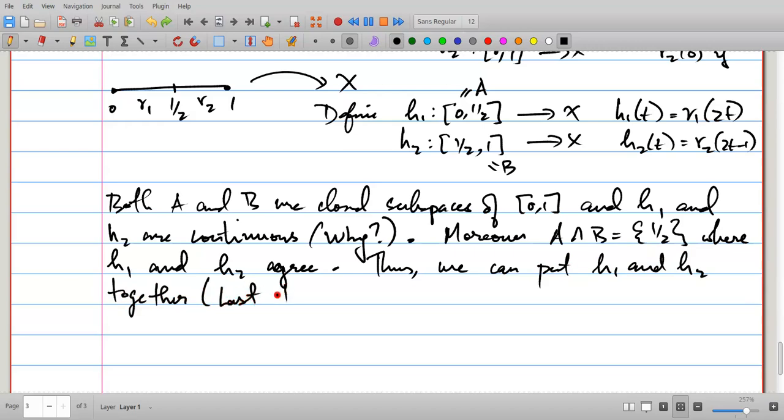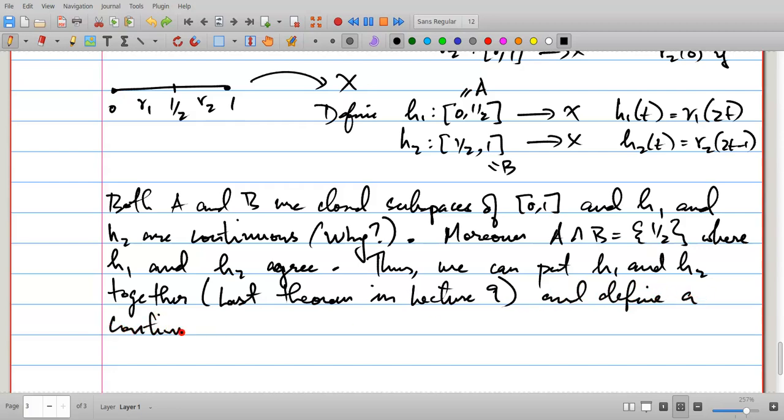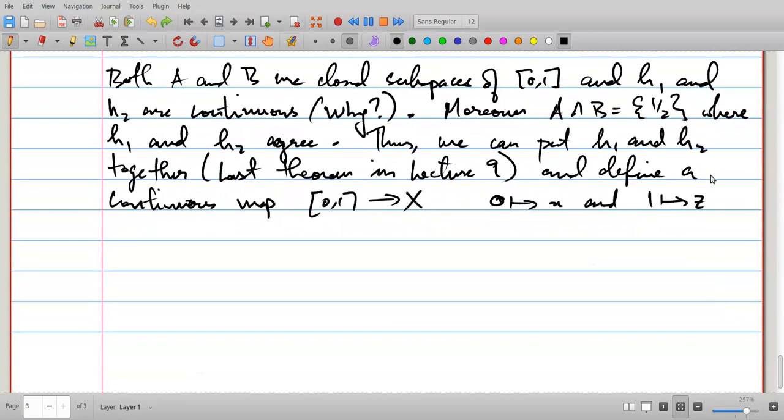So this is the last theorem in lecture 9, and define a continuous map from [0,1] to X, which sends 0 to x and 1 to z. So this proves that this tilde is an equivalence relation.